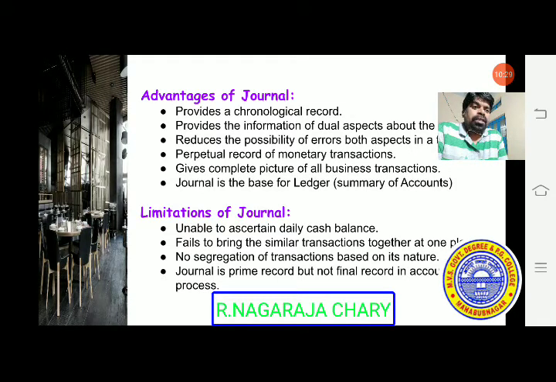Of course, we can say one aspect: we may use subsidiary books, and then similar transactions are grouped. So in the sales book all the sales transactions are recorded, in the purchase book all the purchase transactions are recorded, but it is not that.